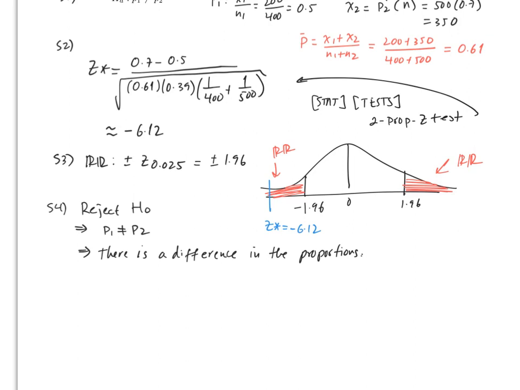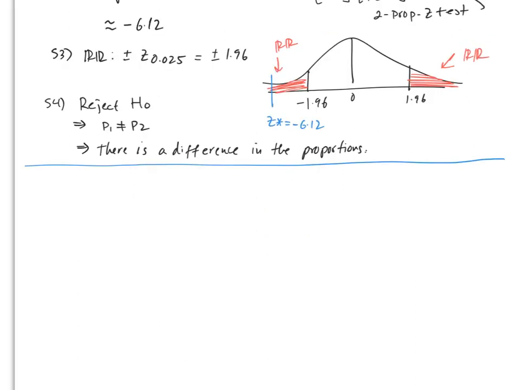Okay, so now let's go to the p-value. For the p-value, remember that step 1 and step 2 are the same. So you only have to worry about step 3, step 4.